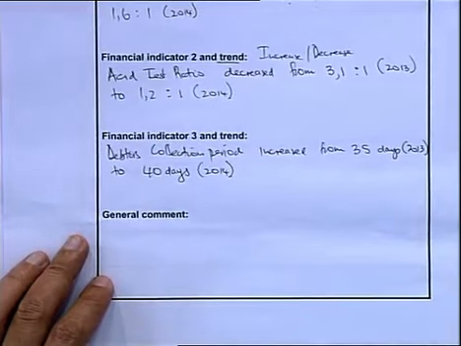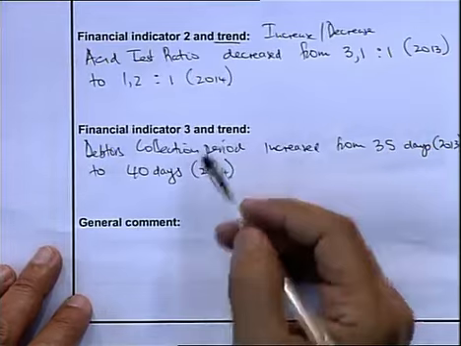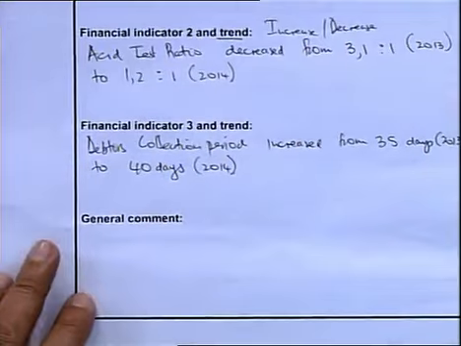Okay. If you wanted to, you could have also mentioned the fourth ratio, but clearly they only ask for 3, so you can choose any 3 of the 4 that is given.